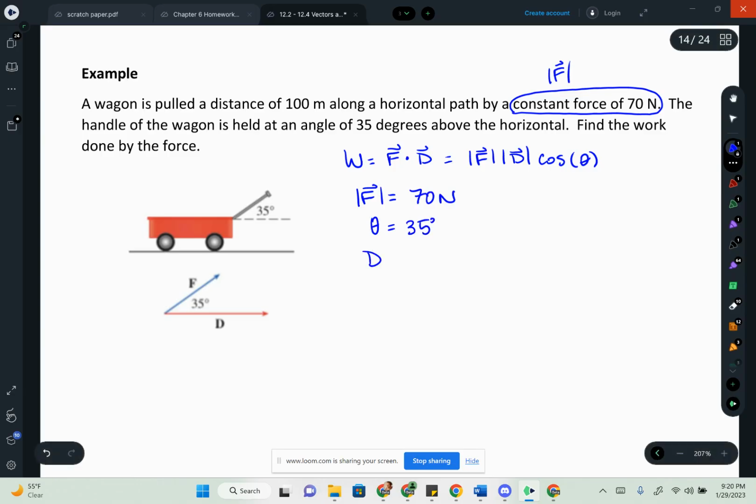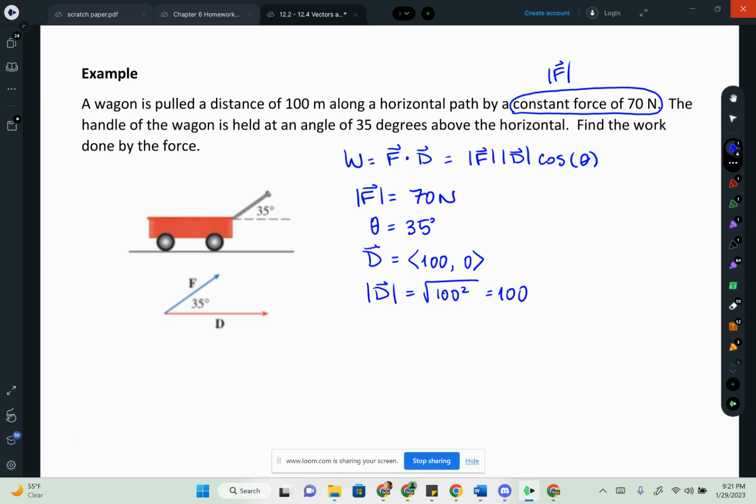And then we're told that d, our distance vector, so the wagon is pulled a distance of 100 meters along a horizontal path. That means it's not moving vertically. So we have movement that is all x, so the x component is 100, and the y component is 0. Now it's fairly easy to calculate the magnitude of d. It's just going to be the square root of 100 squared, which is just 100.